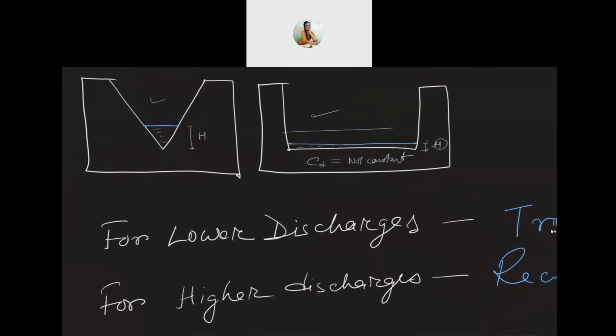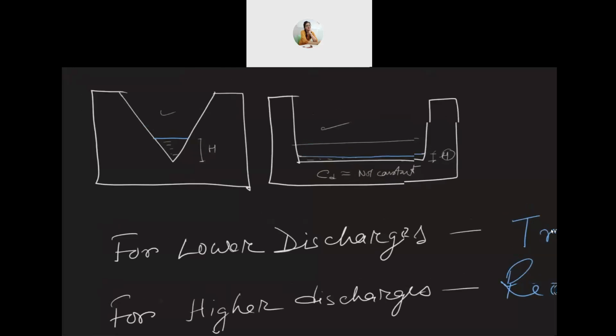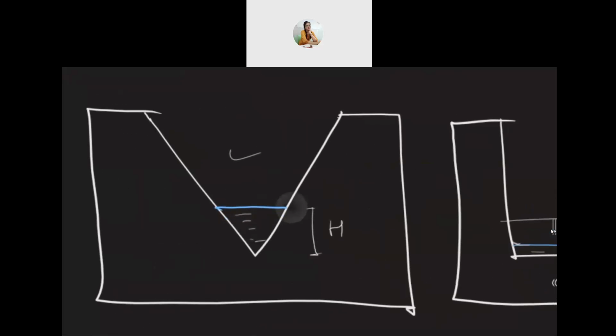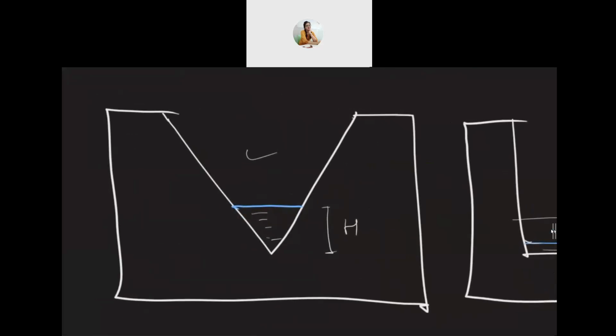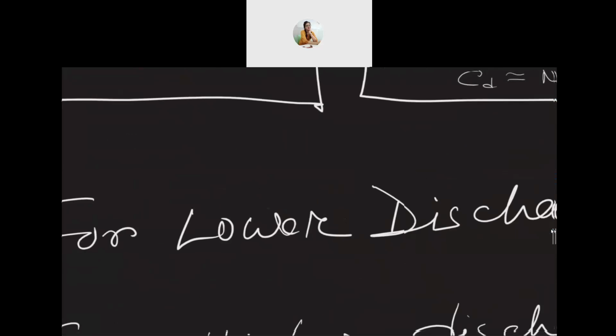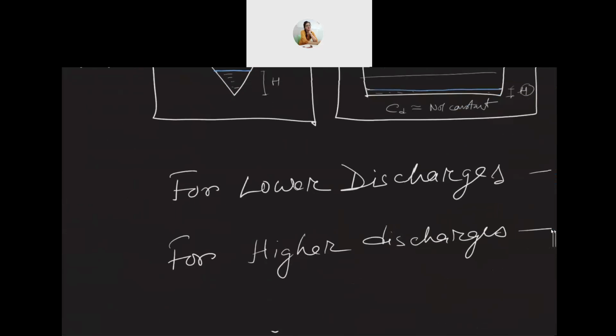For very small discharges, that will not be very accurate. But that problem can be solved in the case of a triangular notch, because for a small discharge, you will have a considerable head, and therefore the effects of surface tension and so on will be negligible.